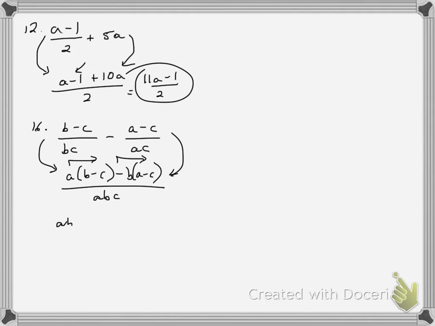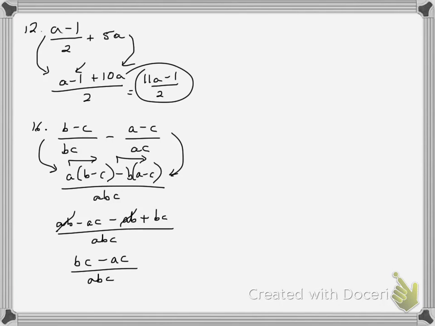I'm going to get AB minus AC minus AB plus BC all over ABC. Looking for like terms, these will cancel out, and you'll get BC minus AC over ABC.